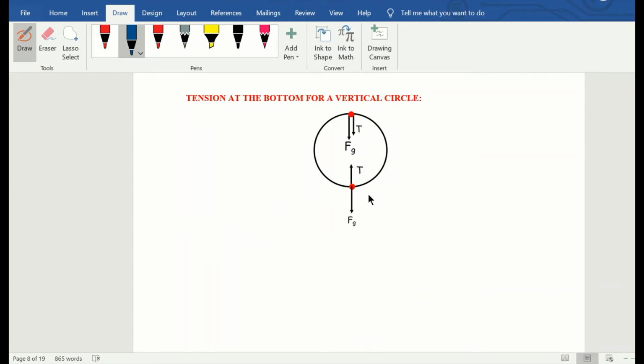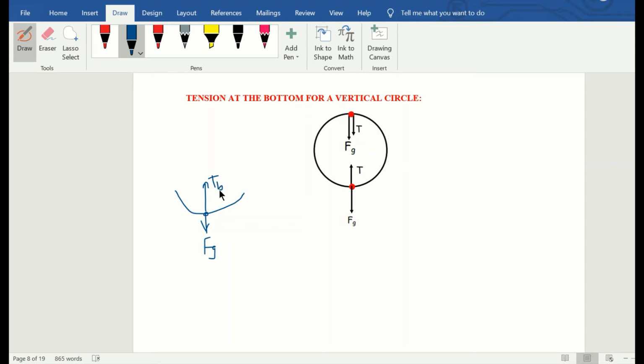So for tension at the bottom, I can draw a sketch of it, which is this. Is a sketch of tension at the bottom. This is the weight, and here's the tension. Let me call it tension at the bottom. Good job.